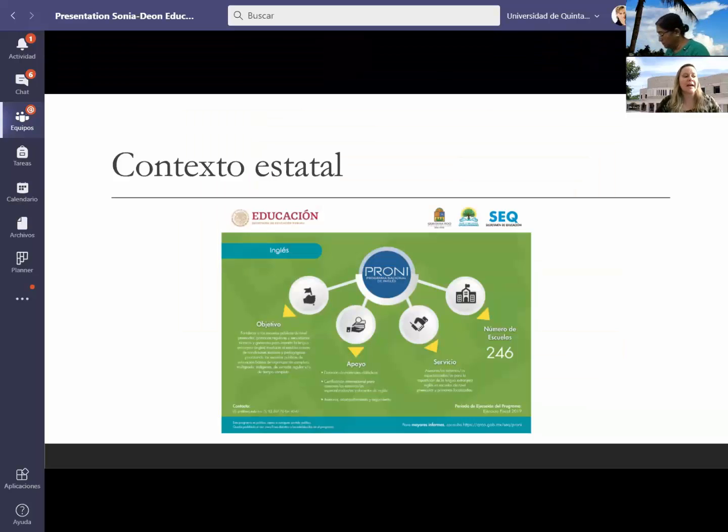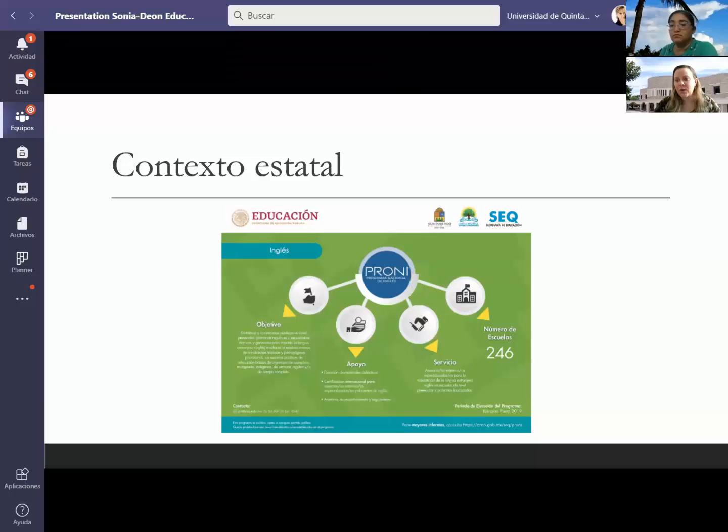Entonces, bueno, hablándoles un poquito sobre el contexto estatal, ahora ya no se llama PNIEP, sino PRONI, el Programa Nacional de Inglés. A pesar de ser un programa nacional y que supuestamente ya está instrumentado en todas las escuelas, porque inclusive se ha modificado la currícula de las diferentes instituciones, vemos que en realidad en nuestro estado, por ejemplo, el número de escuelas es 246.